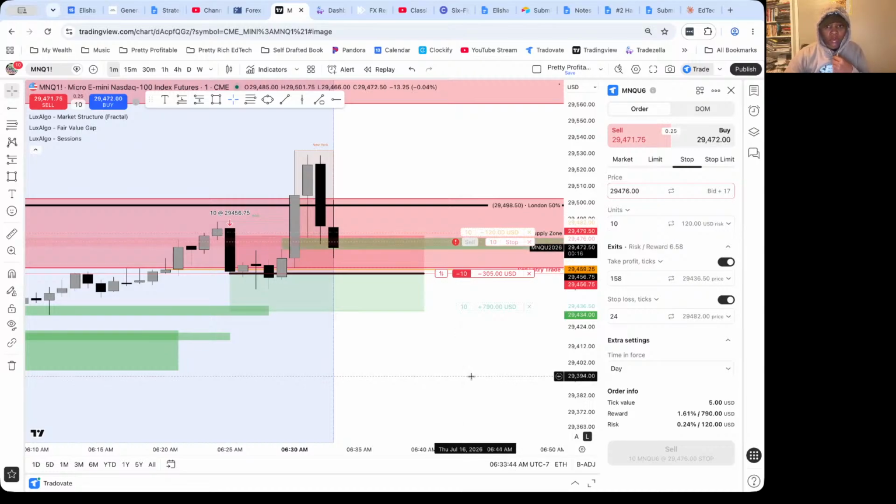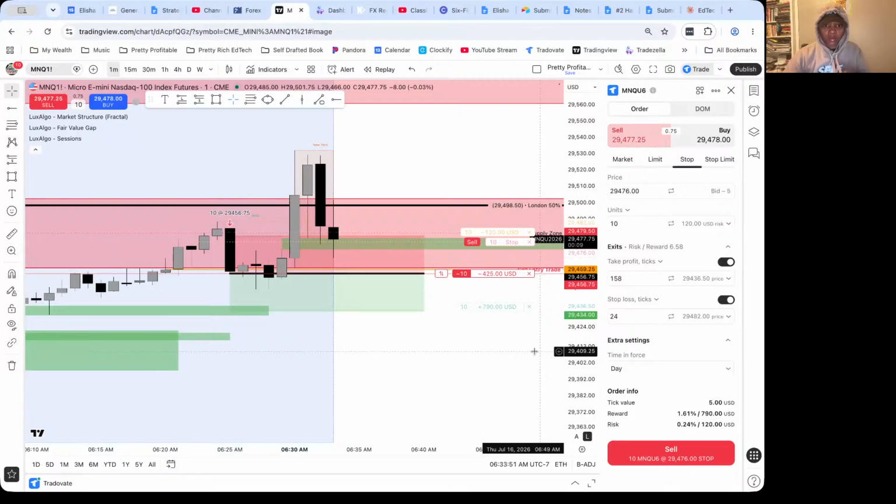All right, y'all. So even though this supply zone is invalid, I'm going to wait until I'm able to close out this trade before deleting the zone.